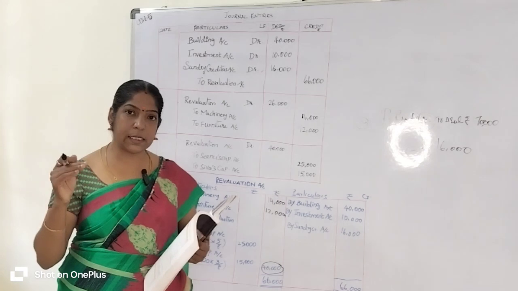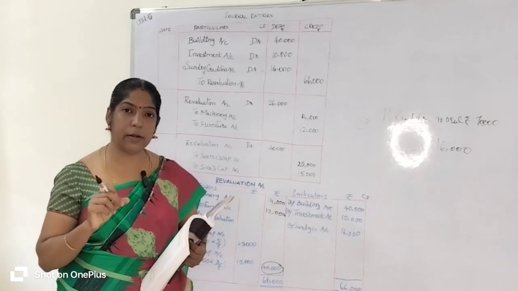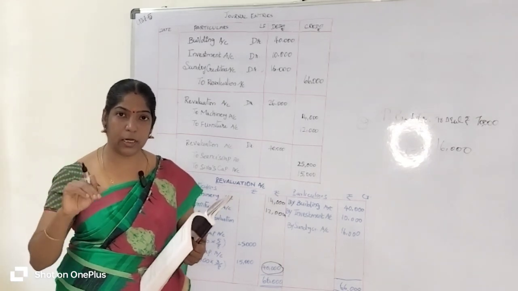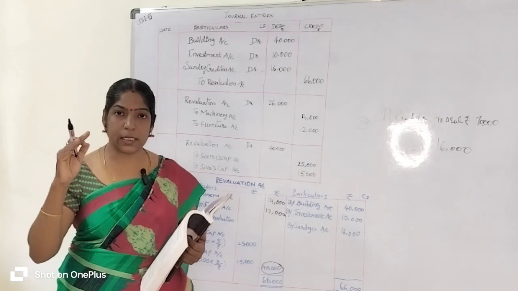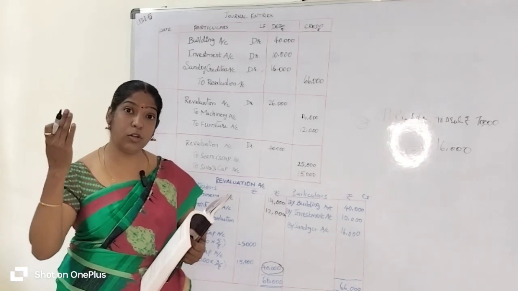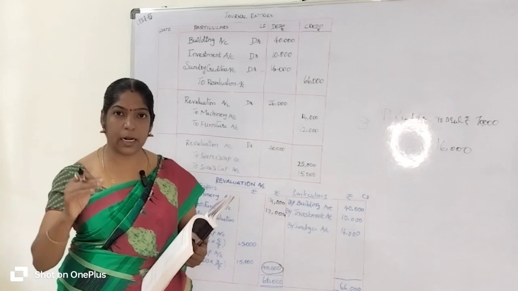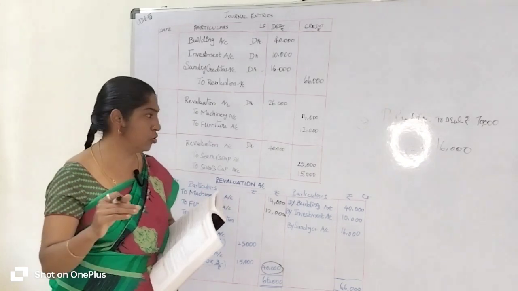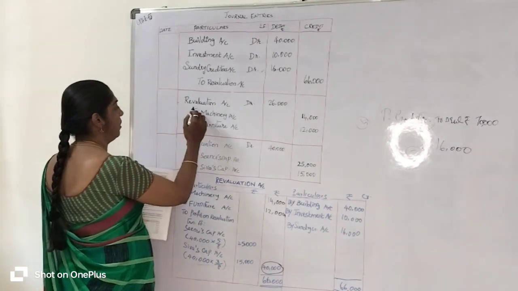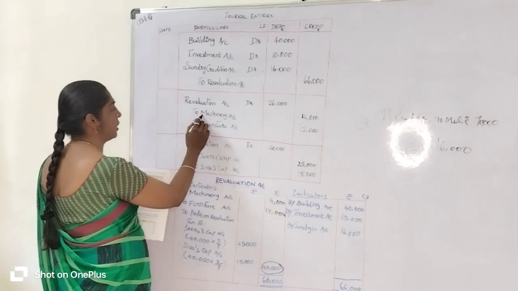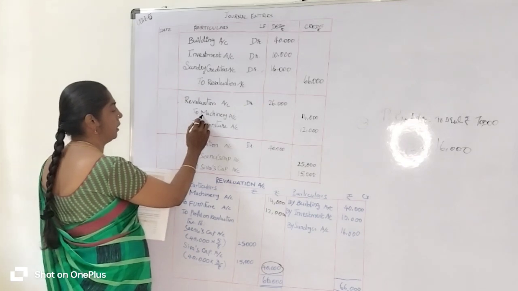If the asset account decreases, what is the journal entry? What is the format? If the asset account decreases, revaluation account is to be debited. Respective concerned asset account is to be credited.